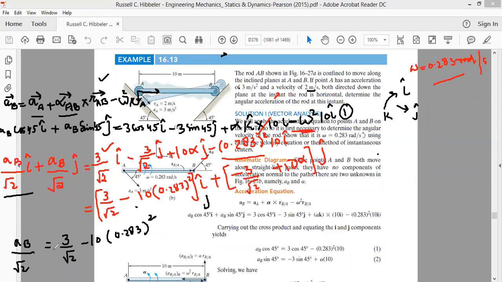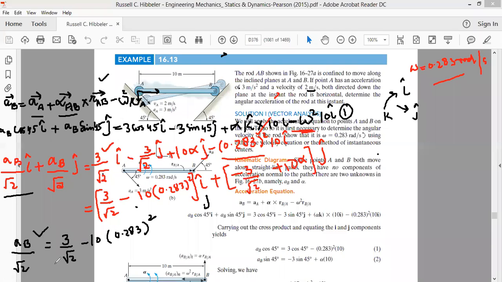From this formula, we can get the value of AB. Let me perform this calculation. We have 0.283 square, that's equal to 0.08. Then we have to multiply it by 10.